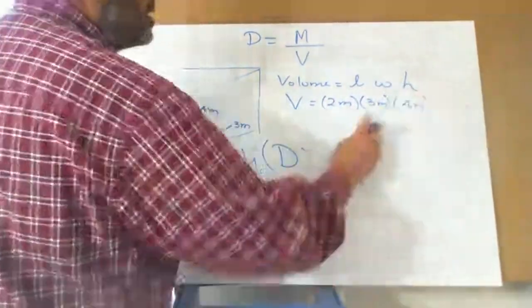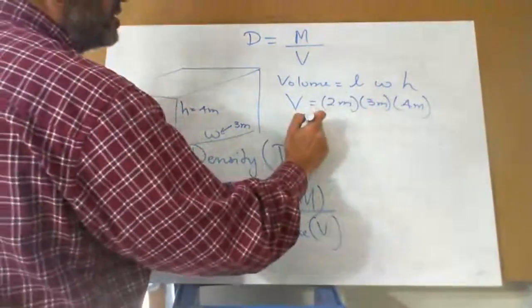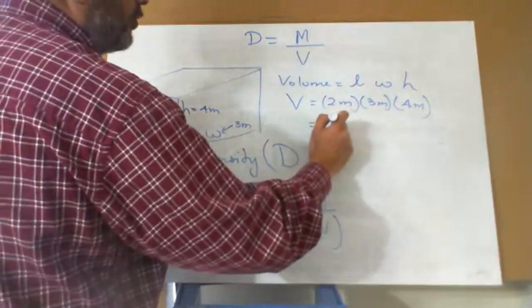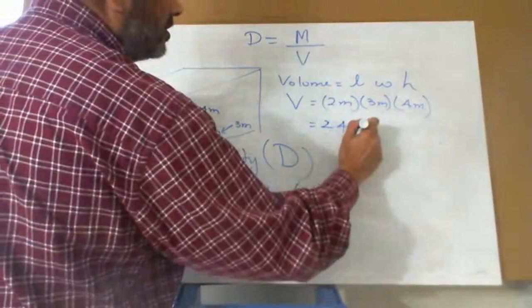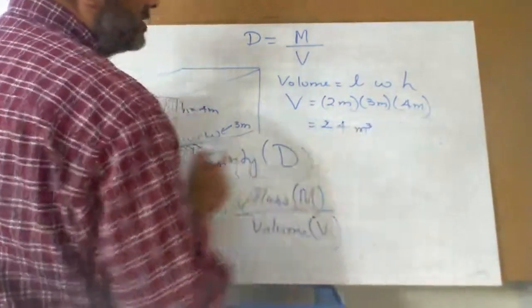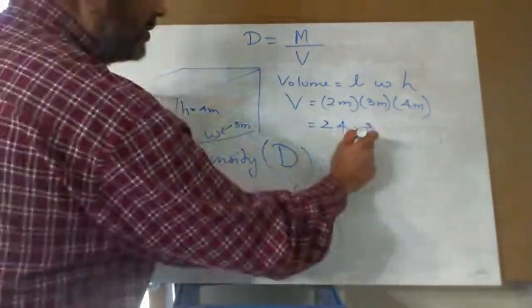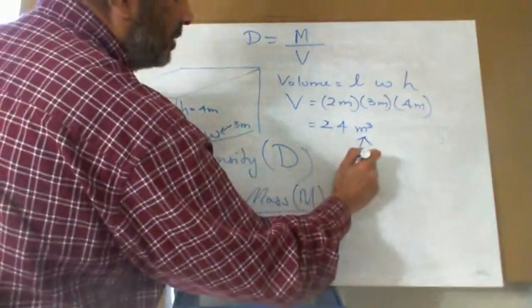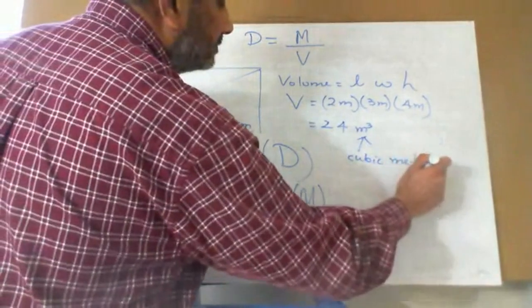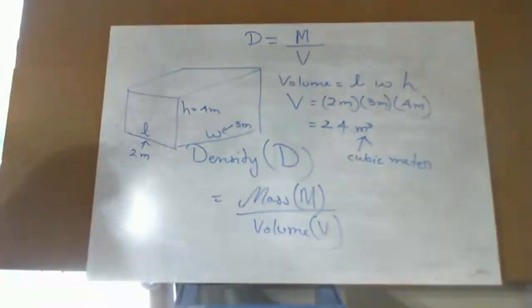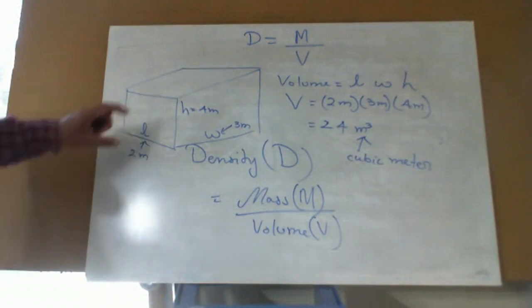So 4 3s are 12, times 2 is 24. And it is m times m times m, so it is 24 m cubed. We call this a cubic meter. So 24 cubic meters. That would be the volume of this container.